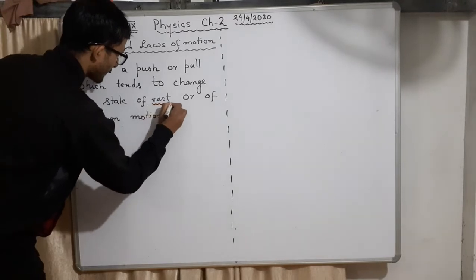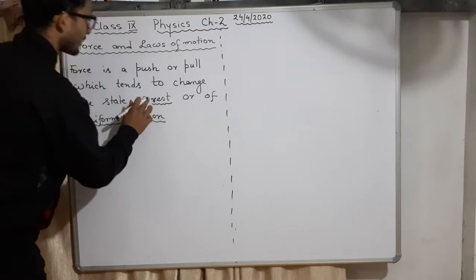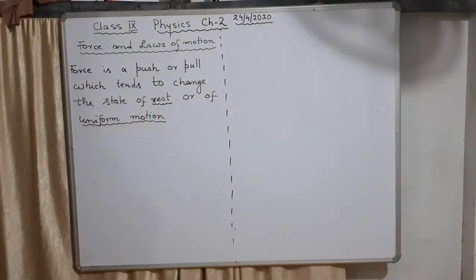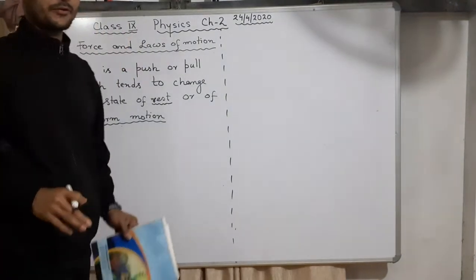Very important is this rest and uniform motion. Later on we'll know in detail what that is. More scientific definitions are also there that we will write after this.